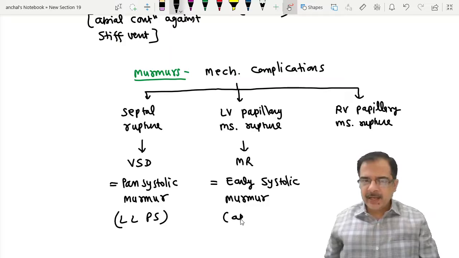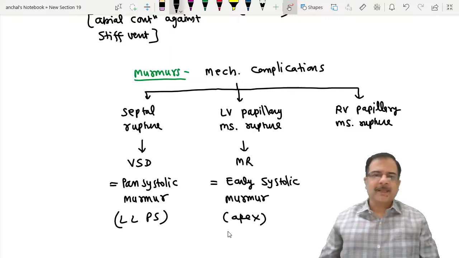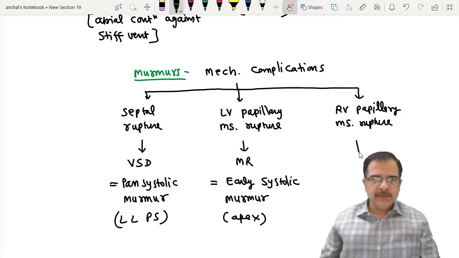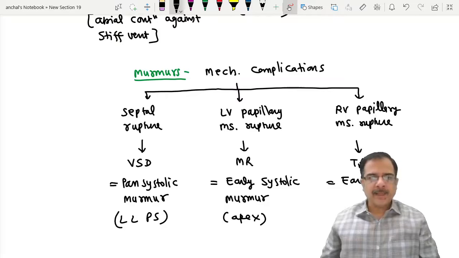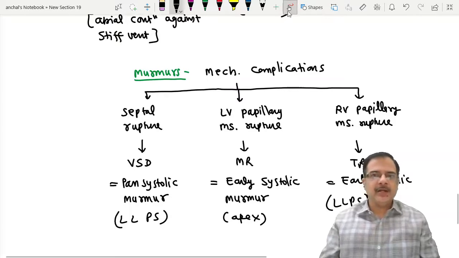It will be heard at the apex. While right ventricle papillary muscle rupture will produce TR, acute TR, and the murmur will be an early systolic murmur. But the area will be the left lower parasternal area, that is the tricuspid area.